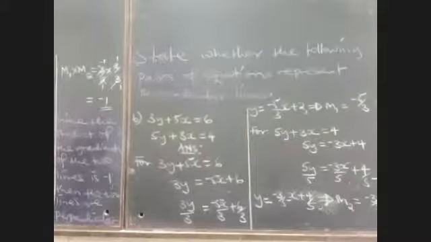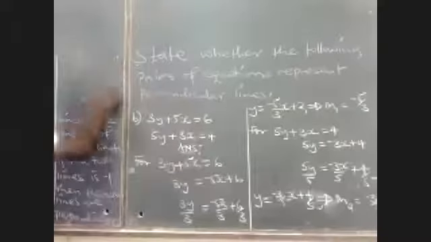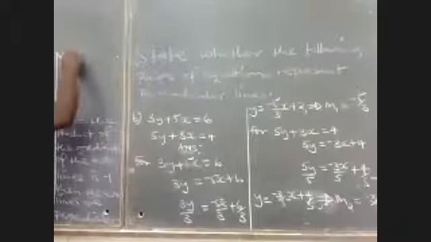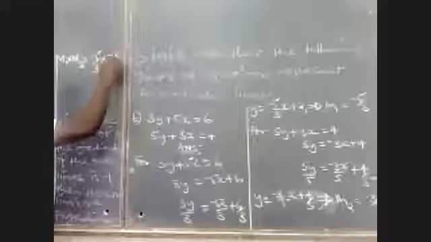Okay, so after that, since we have both gradients now, we are going to find out whether they are perpendicular. So M1 times M2 is equal to negative 5 divided by 3 times negative 3 divided by 5.